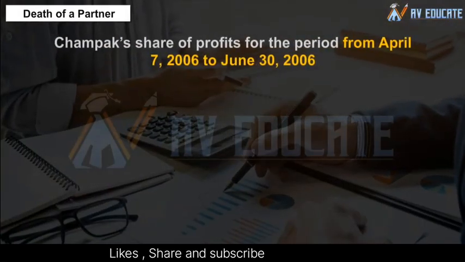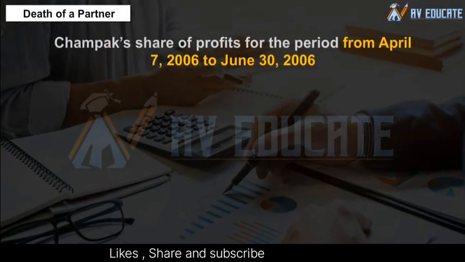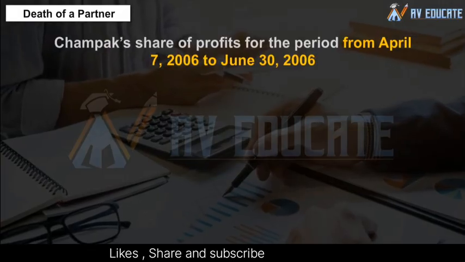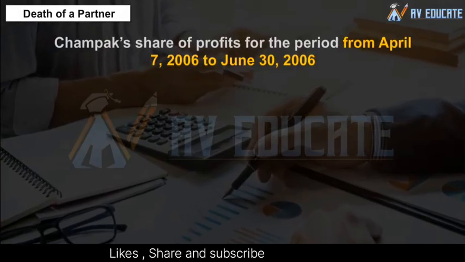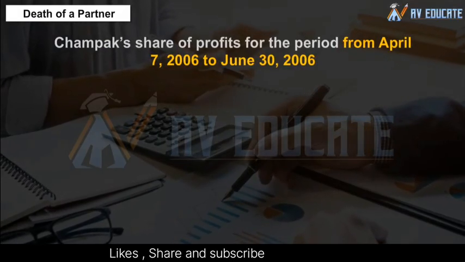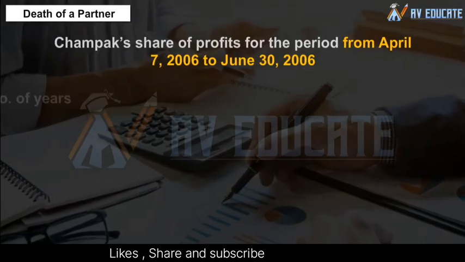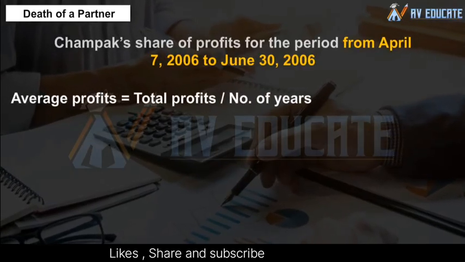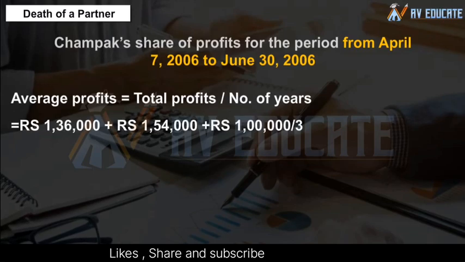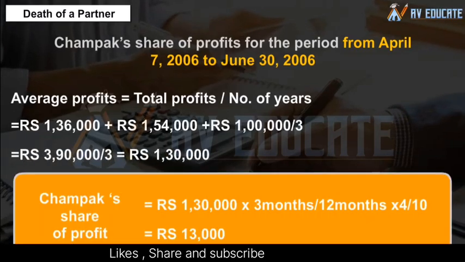Champak's share of profits for the period from April 1, 2006 to June 30, 2006 shall be calculated on the basis of average profit based on profits for the last year, calculated as follows.